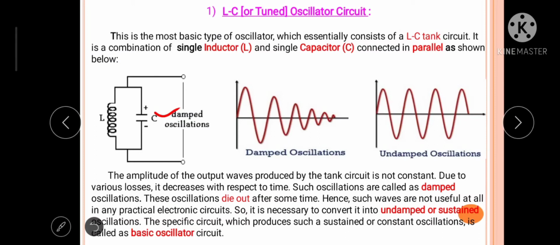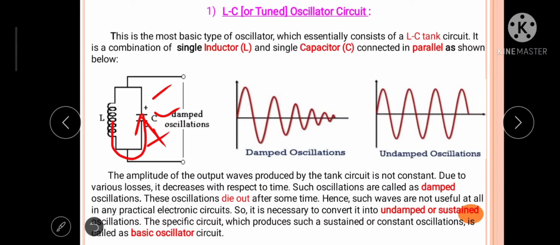So the inductor energy again gets converted into capacitor energy in the form of electrostatic energy, and this time the capacitor will charge with opposite polarity as compared to the initial polarity. So this time the capacitor will charge with positive on this plate and negative charge on this plate. Again, the electromagnetic energy from the inductor is converted into electrostatic energy in the capacitor.